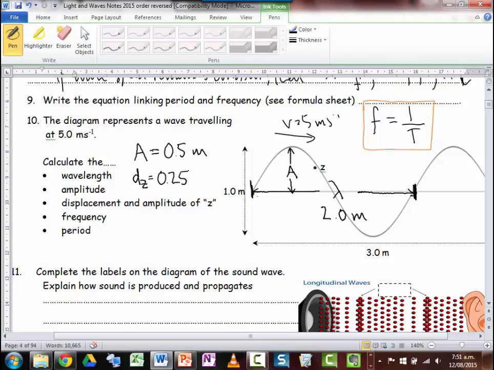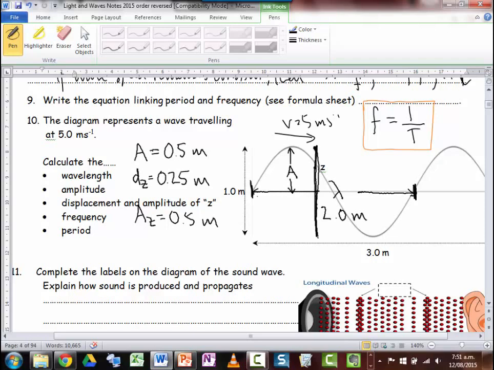The amplitude of a transverse traveling wave is the same everywhere. The amplitude is defined as the maximum distance that any point gets away from the middle line. So the amplitude at Z is also 0.5 meters, because this point Z at some later time will end up being up here, which means that the amplitude of the point Z, which is going to be bouncing back and forth like this, is A, which is 0.5 meters.